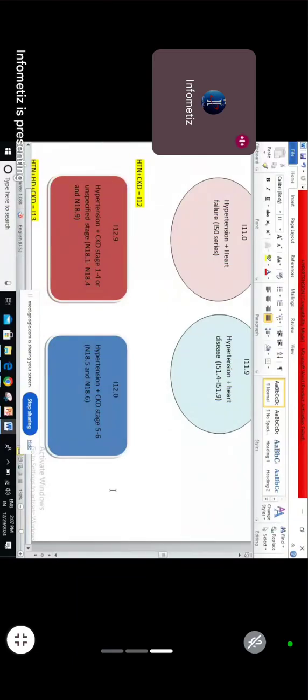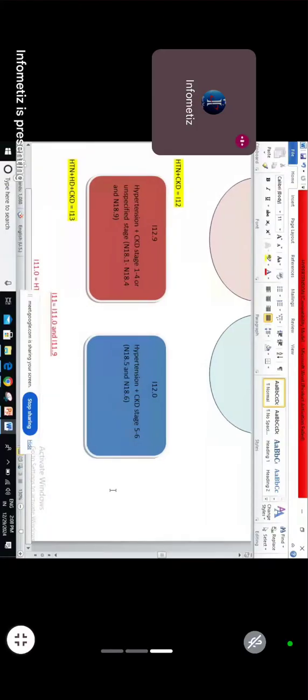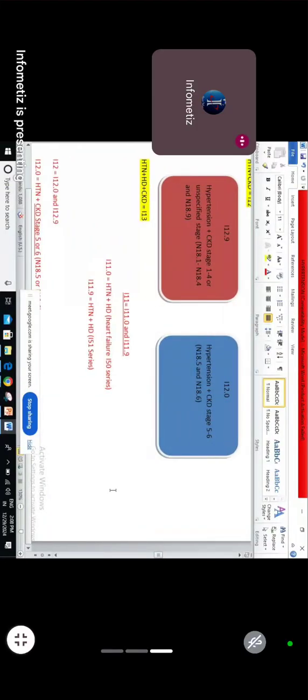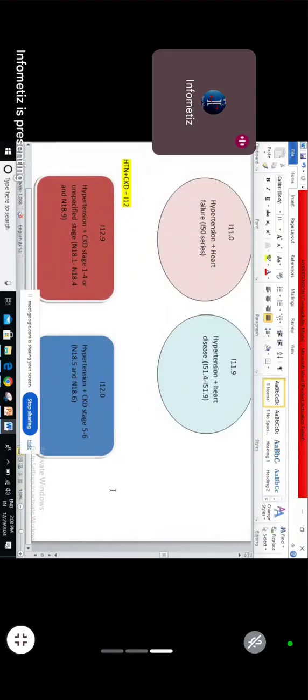Now what if my question has hypertension, heart disease and CKD? My code will change to I13. Right? How can I combine, how can I decide? Because for I11 and I12 we have 2 diagrams each, for I13 we have 4 diagrams, 4 codes.